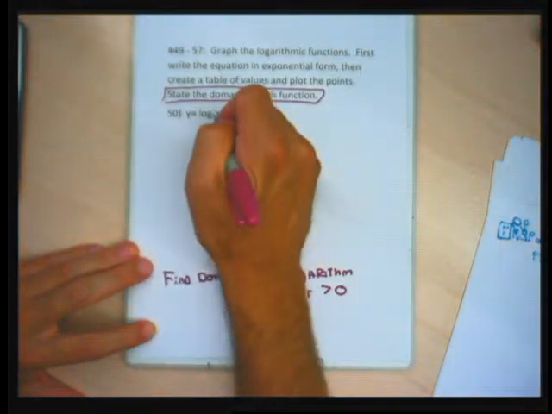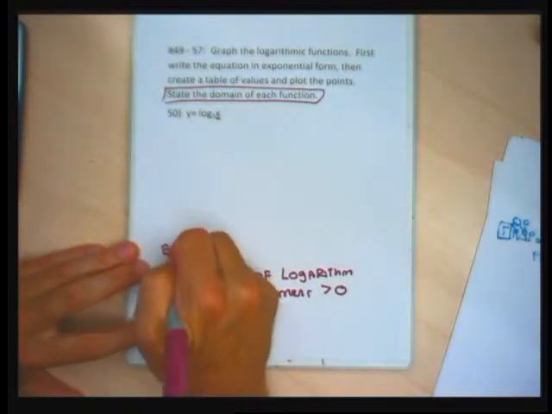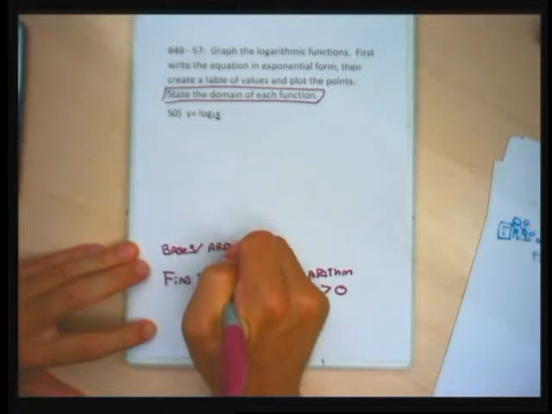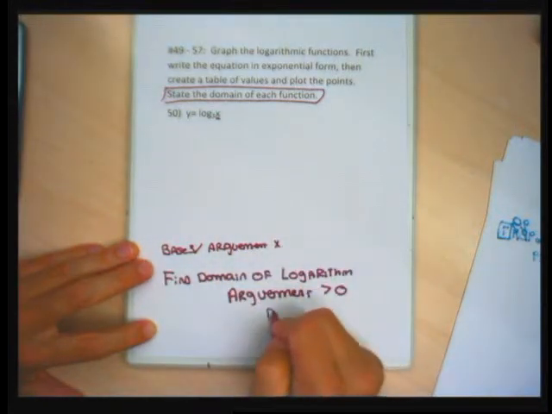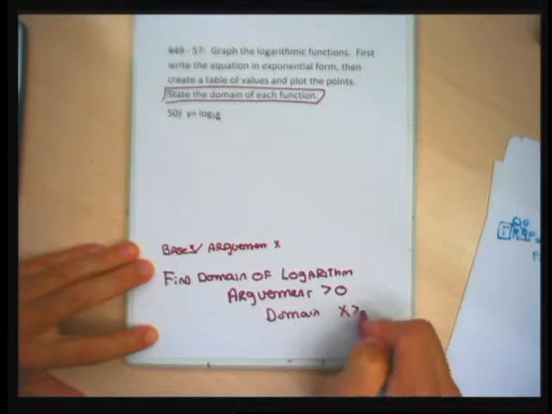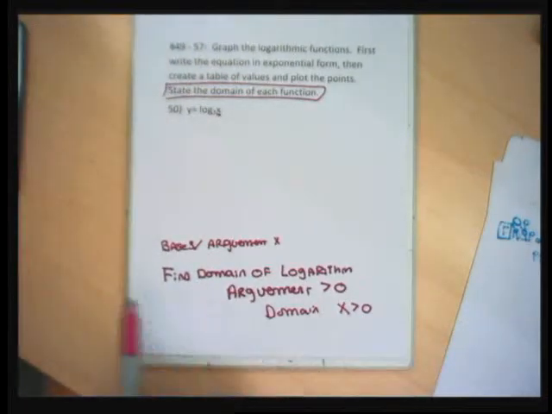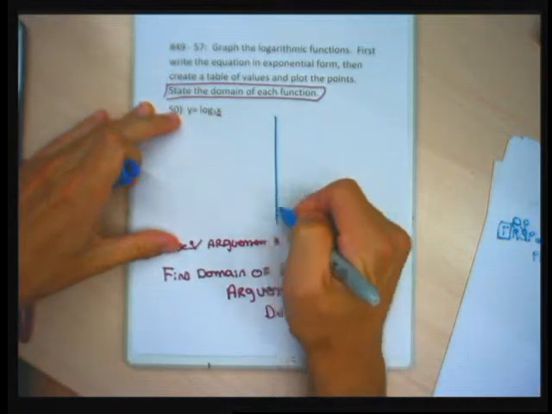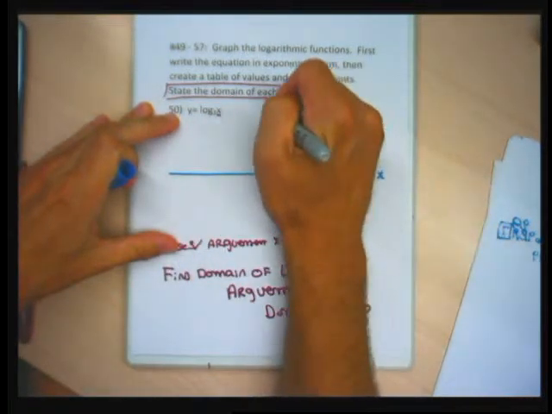In this particular logarithm, the base is 3, the argument is x, the domain is going to be the argument is greater than 0, which means, and I'll show that to you very nicely on my graph, and I'll show you what it means in a second.